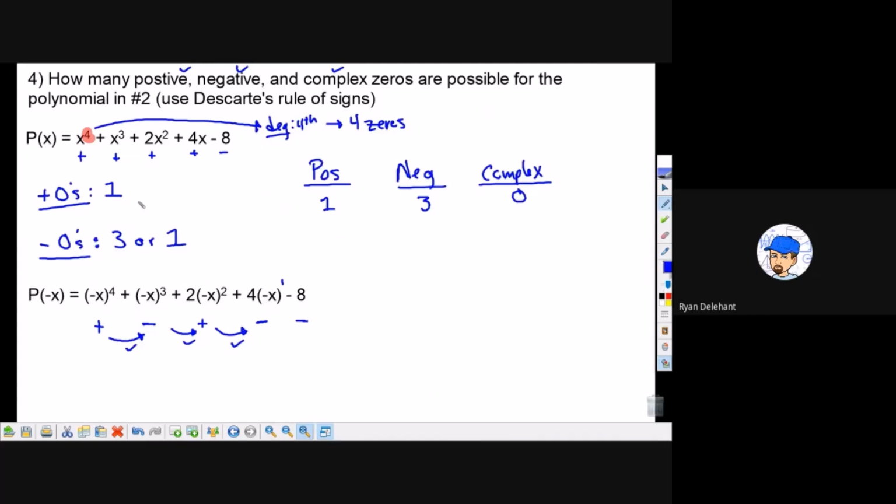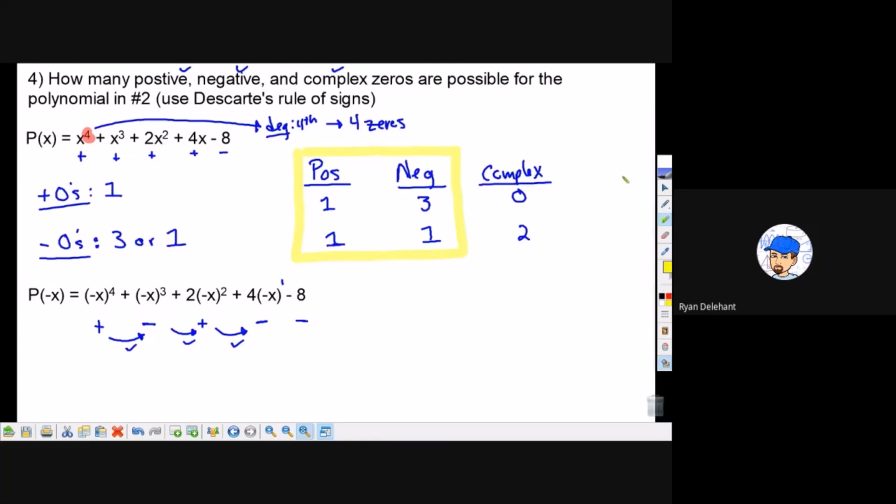But I need to go through every possible combination. There's only one possibility for positive, but I could also end up with 1 negative. 1 plus 1 is only 2. That leaves me 2 for complex, meaning that this is the stuff that we focus on because these are the things that we can see on the actual graph.